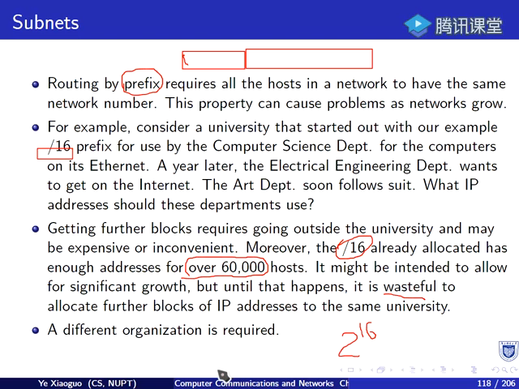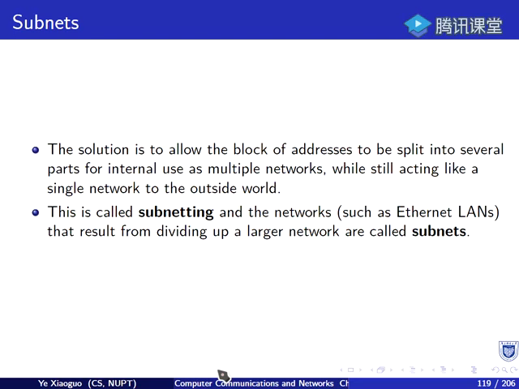So a different organization is required. The solution is to allow the block of addresses to be split into separate parts for internal use as multiple networks, while still acting like a single network to the outside world.